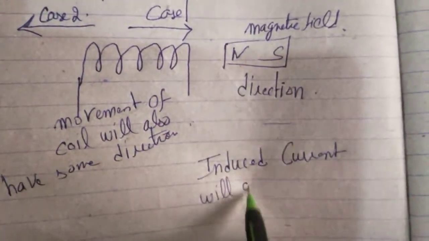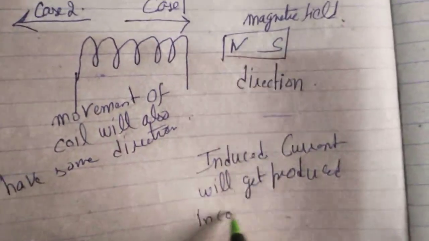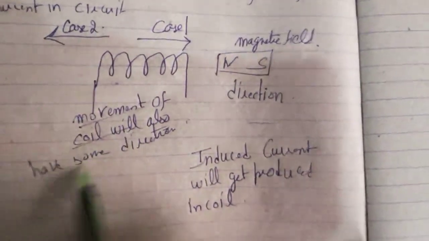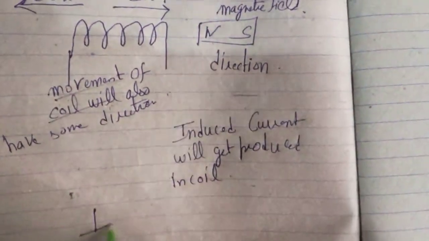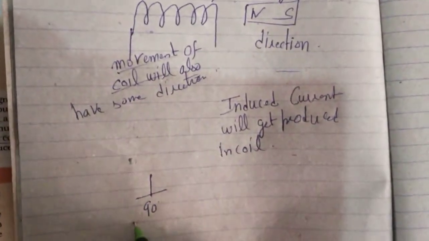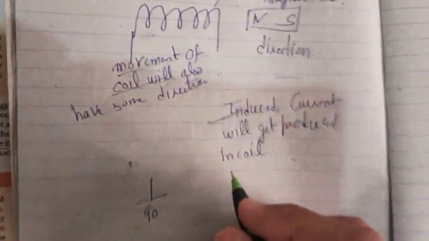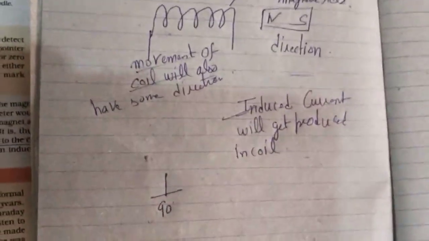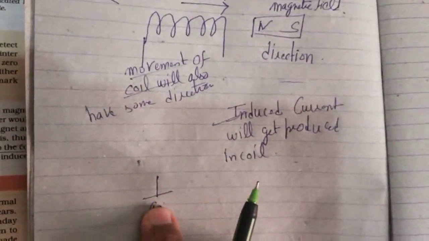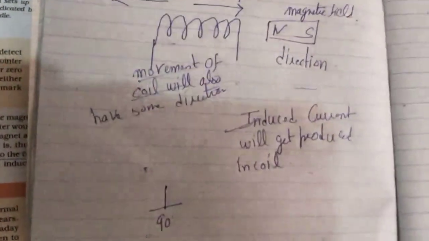It has been found that when the direction of movement of the coil is perpendicular, means 90 degrees, to the direction of magnetic field, then the induced current will be maximum in the coil. Note down this point.